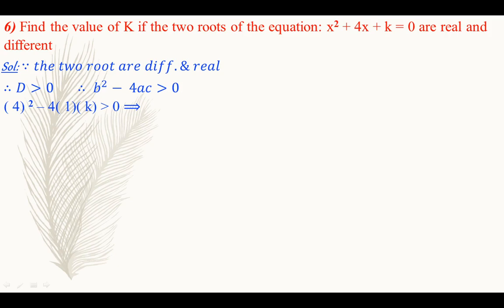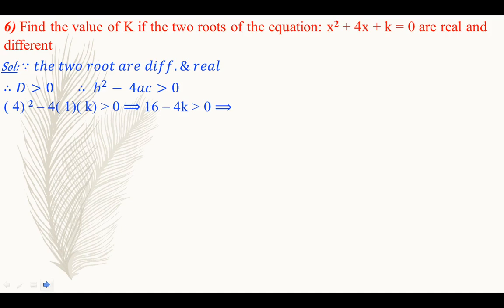4 power of 2, 16. Negative 4 times 1 equals negative 4. Negative 4 multiplied by k, this is equal to negative 4k. So now we have 16 minus 4k bigger than 0. 4k will go to the other side.